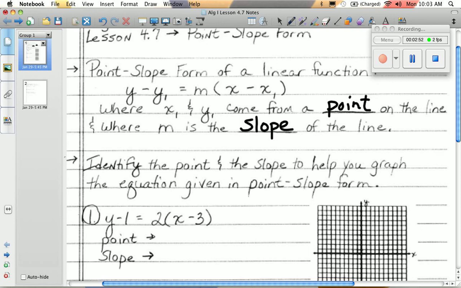Well, instead of distributing this m over here, they just left it like it is. And what happened over here? They did distribute the 1, or in other words, multiplying by 1, does it change the value? No. So then we can just erase those parentheses and that multiplying by 1, and now it's getting even closer to looking like point-slope form. What's the other thing that they've taken out of it?